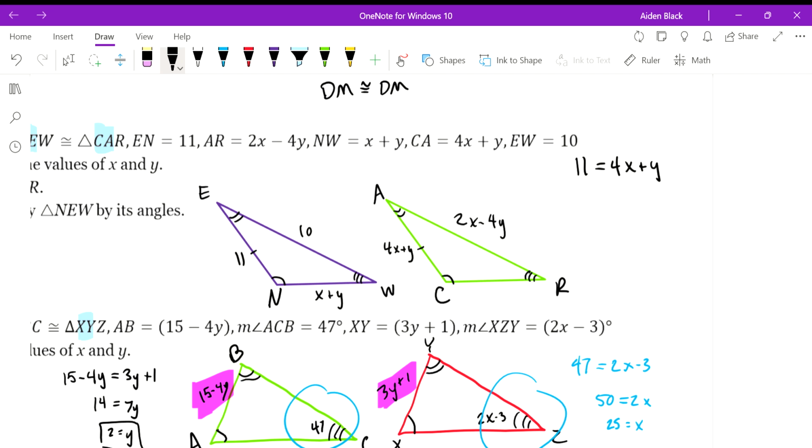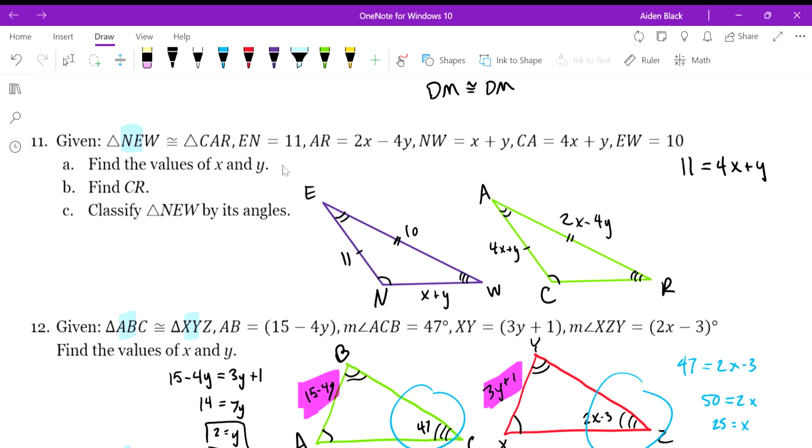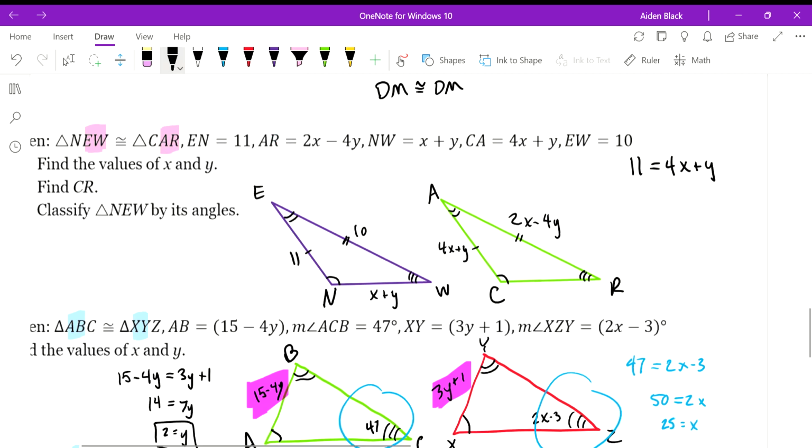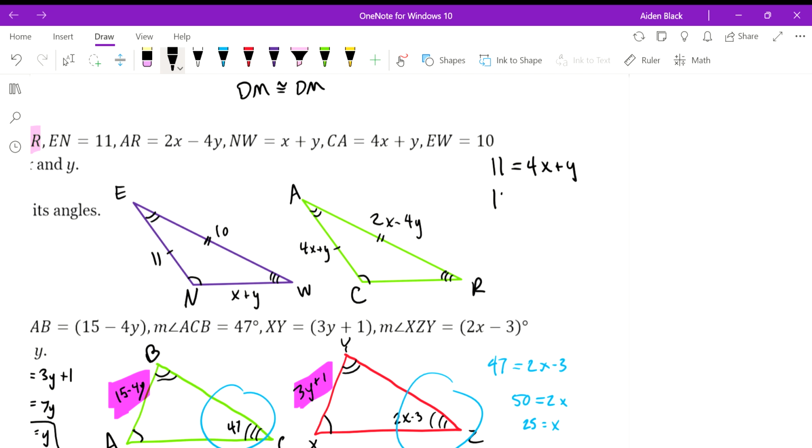Now I also know that EW is congruent to AR, as you can see in the congruent statement. EW, last two letters, goes with AR, last two letters. So we know that 10 is equal to 2x minus 4y.